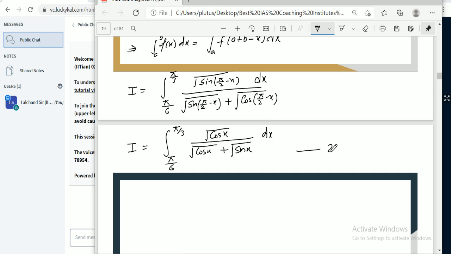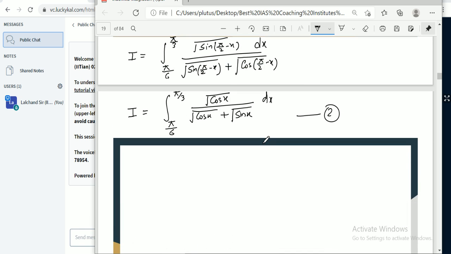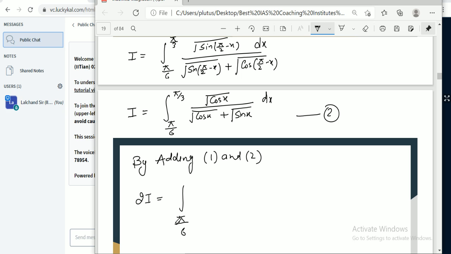Let's suppose this equation is 2 and our initial equation is 1. By adding equation 1 and equation 2, we finally have twice I equal to integral pi by 6 to pi by 3 of root cos x plus root sin x divided by root sin x plus root cos x dx.